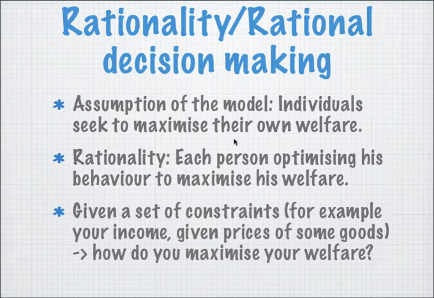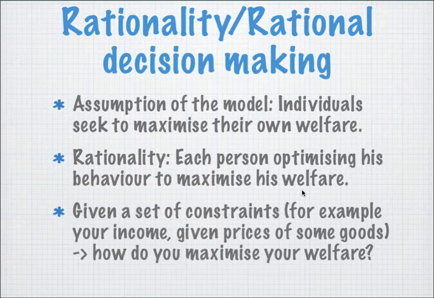Basically, individuals are selfish. Human beings want to maximize their own interest and their own benefits. Under this assumption about individuals and society, we then propose the idea of rationality: that each person is optimizing his behavior in order to maximize his own welfare.